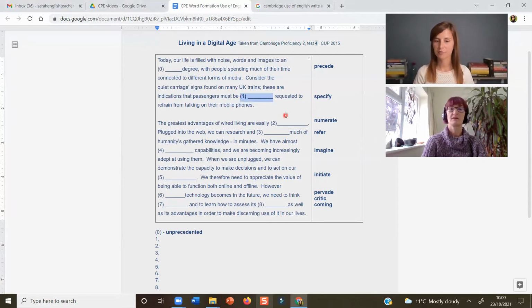So after having read the entire sentence, I would for sure make sure that number 1 requires an adverb. How do you know it requires an adverb? Have a look. These are indications that passengers must be requested to refrain from talking on their mobile phones.